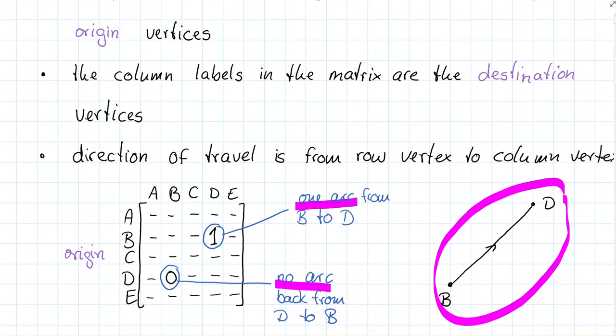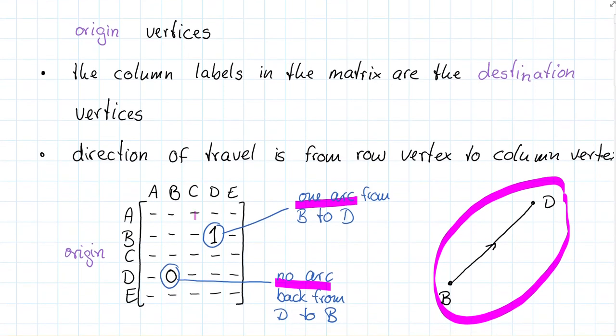So this is a very simplified matrix here. We almost have no entries. We have a 0 here and a 1 there. Okay, but we start with the row. So, nothing in the A row here, something in the B row. B, D. Okay, there's a 1. That means there's one arc from B to D. Good. So there's nothing in the C row.